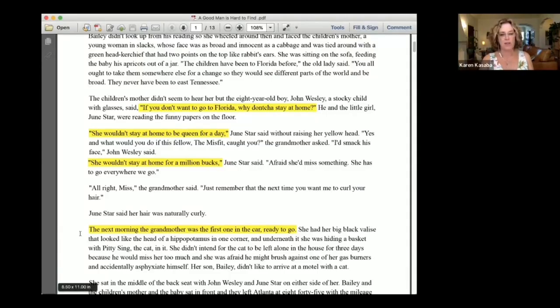And sure enough, it foreshadows that the next morning, the grandmother was the first one in the car ready to go. So a foreshadowing can almost be used like the setup to a joke, because this is functioning just like a joke with a setup and a punchline, because this is the punchline of, boop, she's the first one there ready to go.